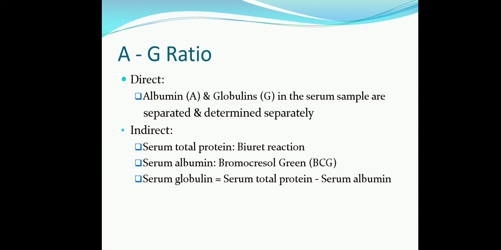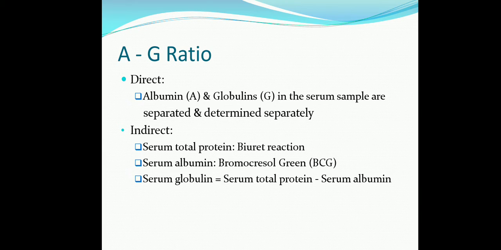AG ratio. In the direct method, albumin and globulin in the serum sample are separated and determined separately. In the indirect method, serum total protein is determined by the Biuret reaction. Serum albumin is determined by the bromocresol green method.